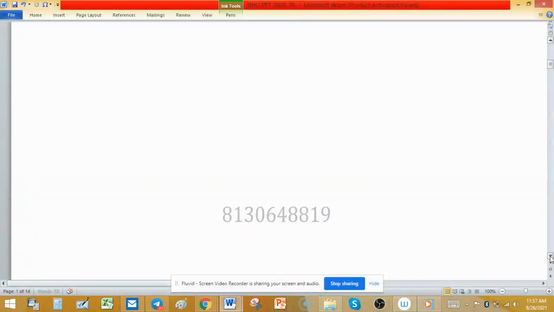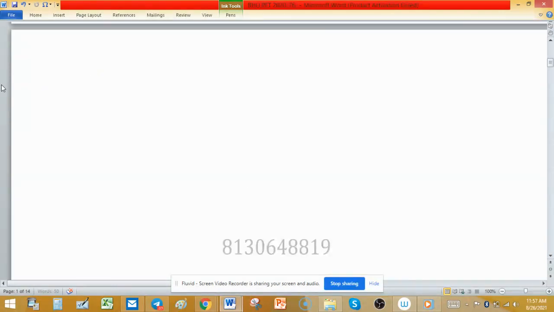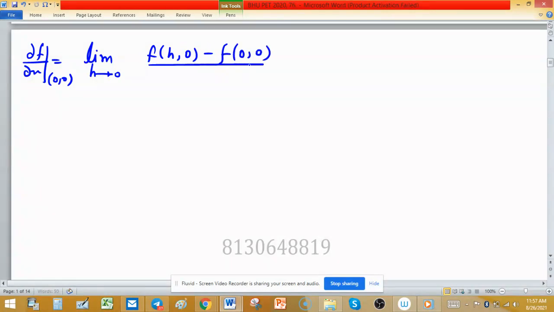So we are going to check the partial derivative at 0, 0. For this, the partial derivative of f with respect to x at 0, 0 can be written in terms of a limit: limit h tends to 0 of f of h comma 0, or 0 plus h comma 0, minus f of 0, 0, divided by h.